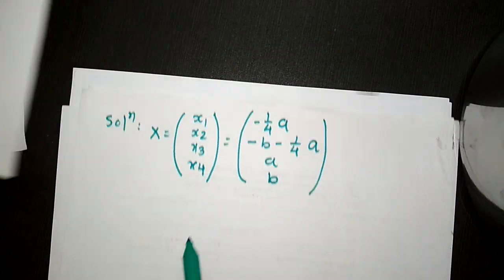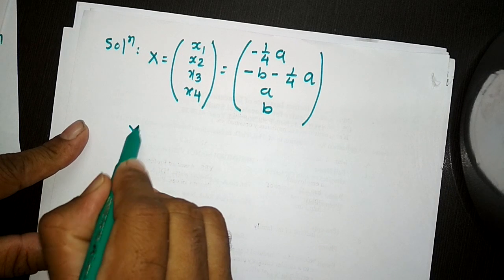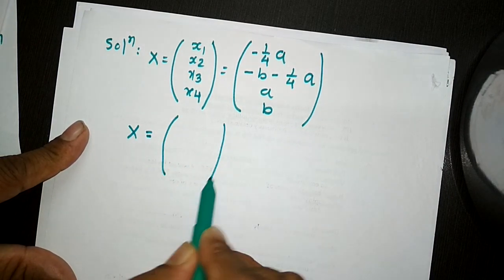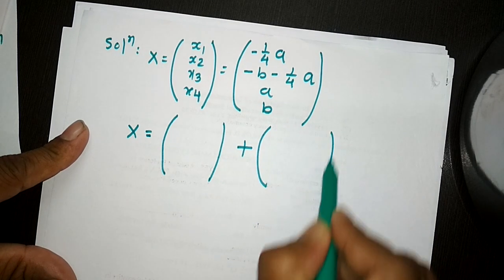So this is the solution, and this solution we split as terms of a and terms of b.